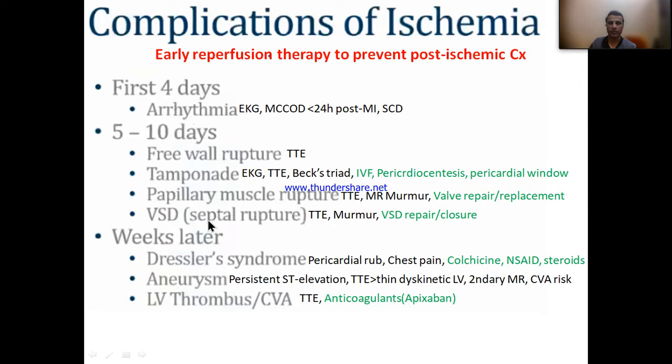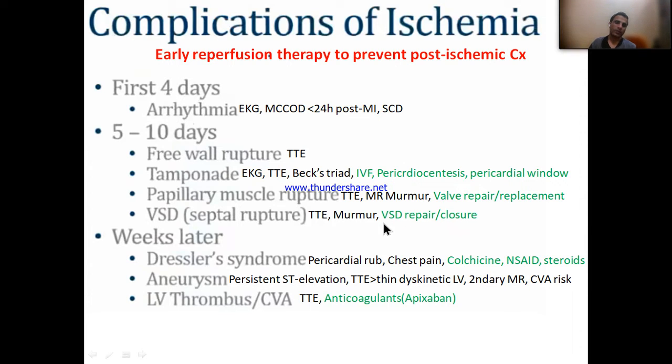VSD can also happen due to rupture of the interventricular septum. So obviously you will do transthoracic echocardiography, and in papillary muscle rupture, you will hear a holosystolic murmur at the apex. But in case of VSD, you will hear a holosystolic murmur at the left sternal border or parasternal border.